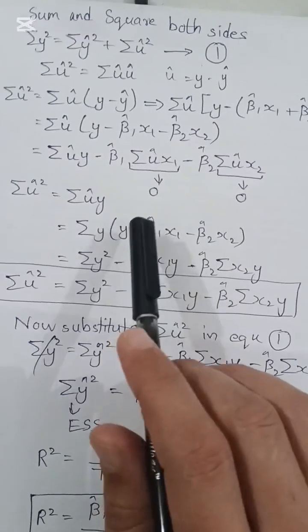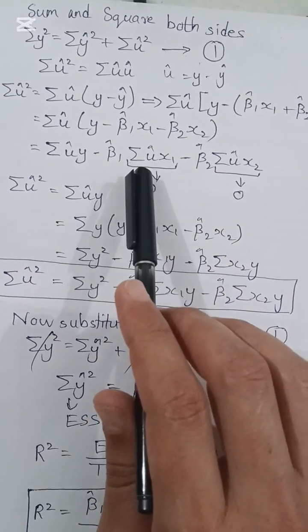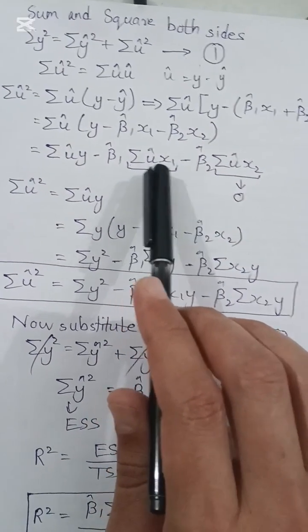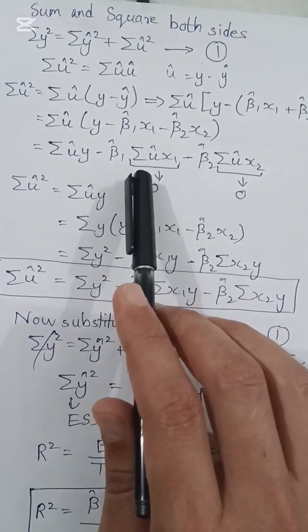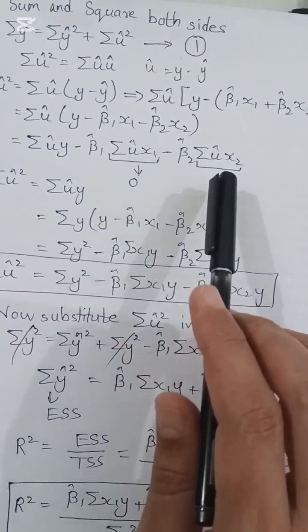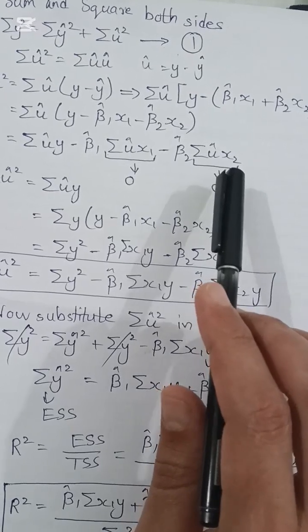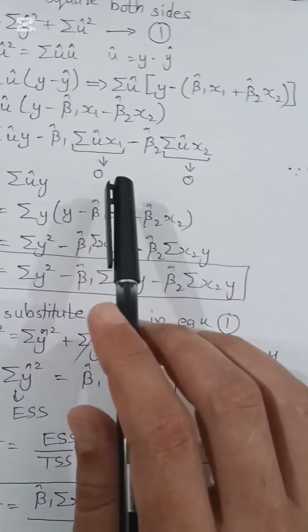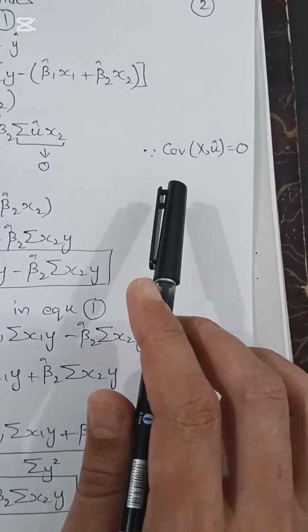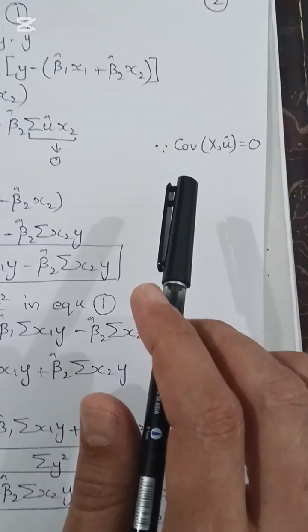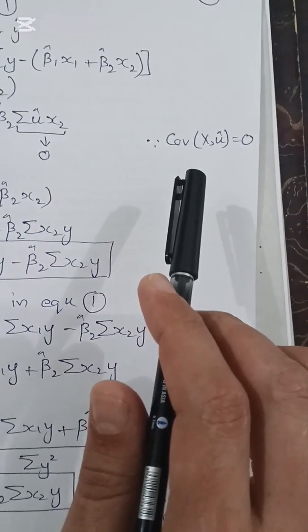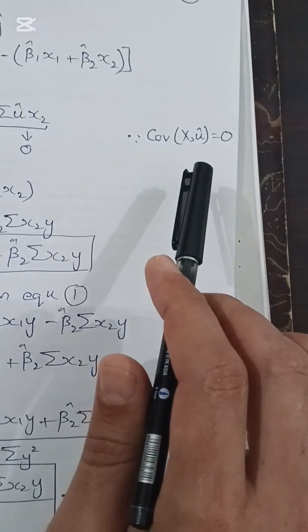Now remember that the covariance between u hat and x is 0. Therefore the sum of u hat times x1 and the sum of u hat times x2 equal 0. We proved in the numerical properties of the sample regression function that the covariance between x and u hat is equal to 0.